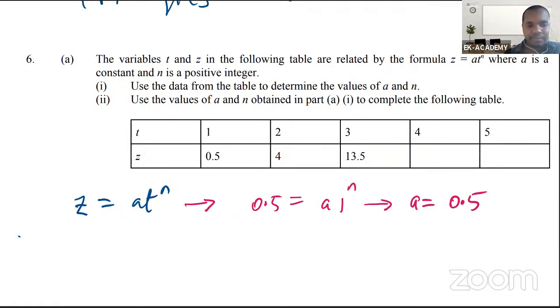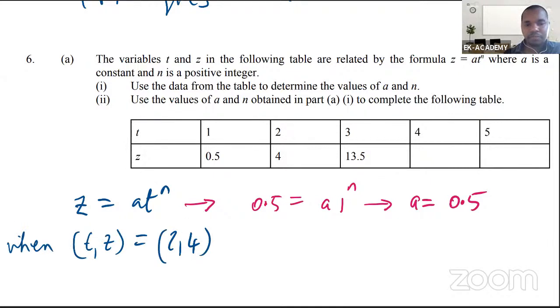When T, Z equals 2, 4, we can say that Z equals A, which is a half, times T, which is 2 now, power N. So 4 equals a half times 2 power N.